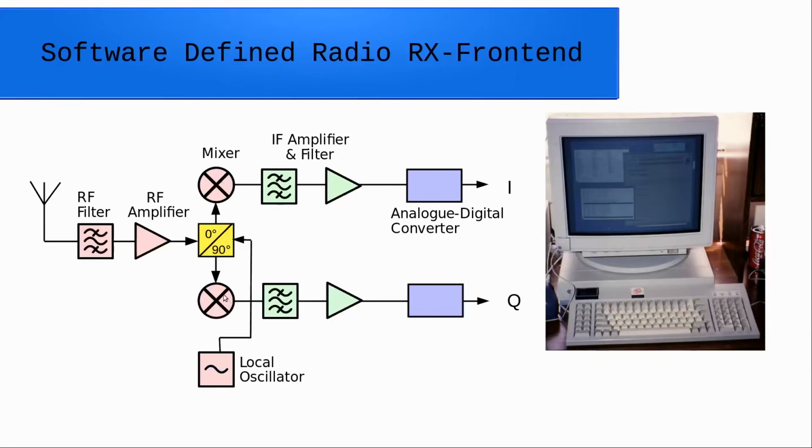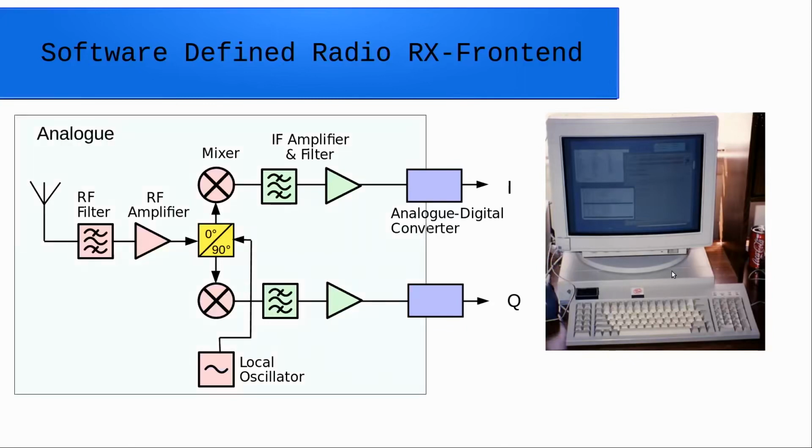Then again, some filtering, amplification, and then we get the analog to digital converters here to get our IQ signal to the computer for decoding in software. So we still have actually a big analog part here. Most of the front end is still analog, and the digital part actually is only after the analog to digital converter, in this case of a classical software-defined radio front end.